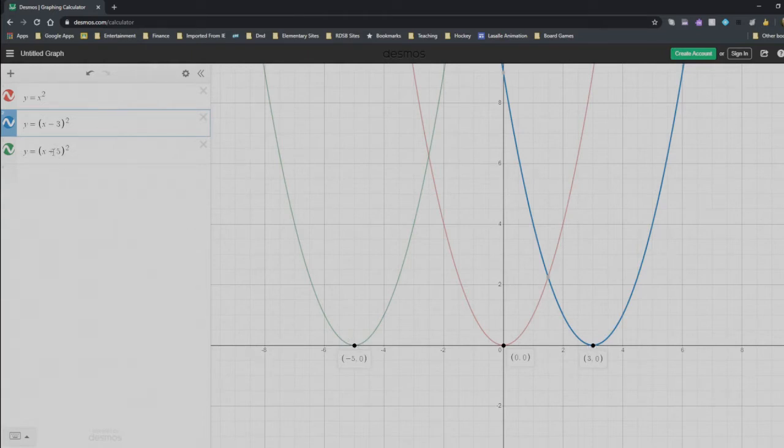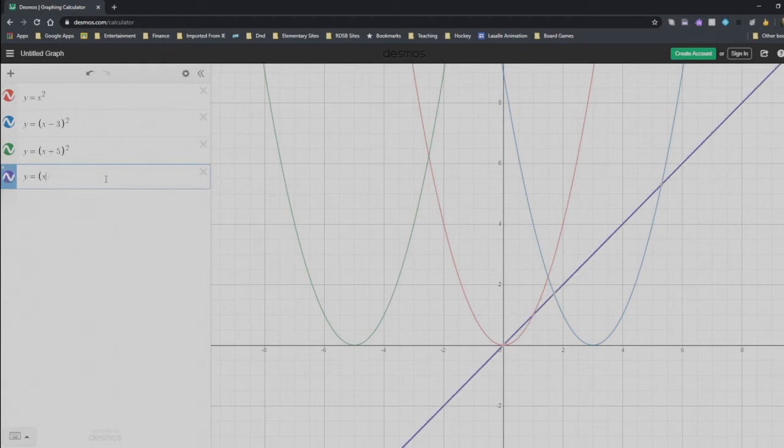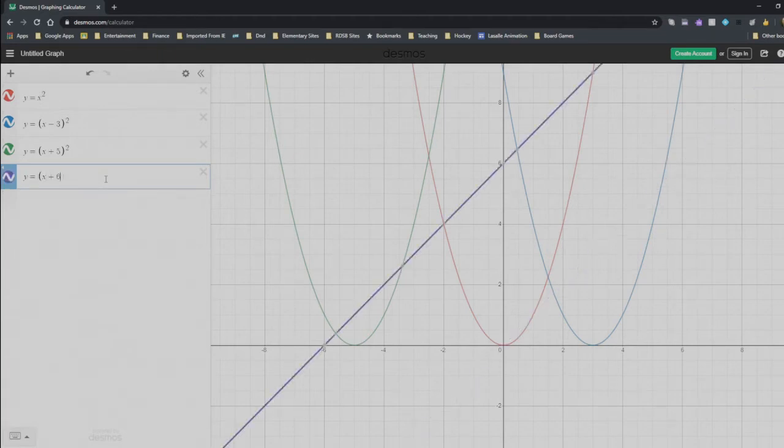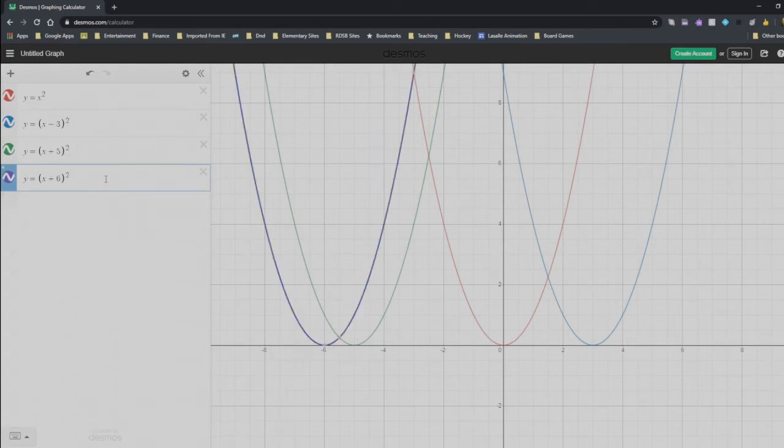If it's a plus 5 in the bracket for this one, look at the coordinate of the vertex, it's a minus 5. So just to reinforce that idea, if I do another one, y is equal to (x plus 6) to the power of 2, look at the coordinate of that vertex. It's (negative 6, 0), where it's a positive 6 inside the bracket.